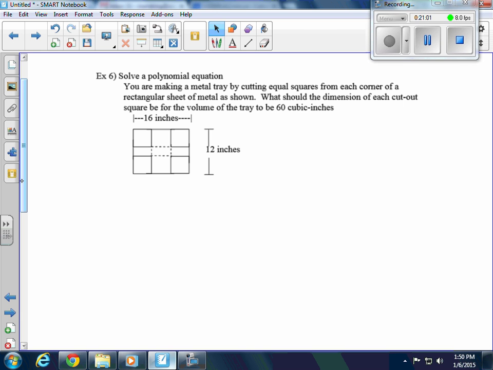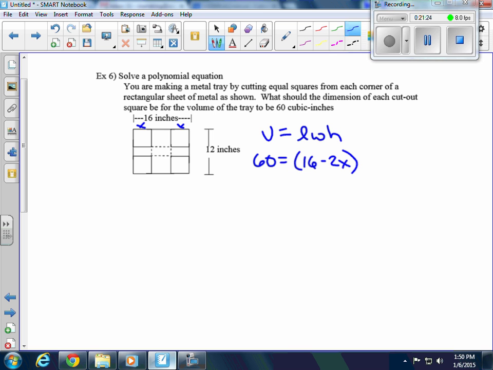Well, we know that volume equals length times width times height. And they tell us that the volume is going to be 60 cubic inches. We know that the length is 16. However, we're cutting an x off here and an x off here, so that's going to be 16 minus 2x.